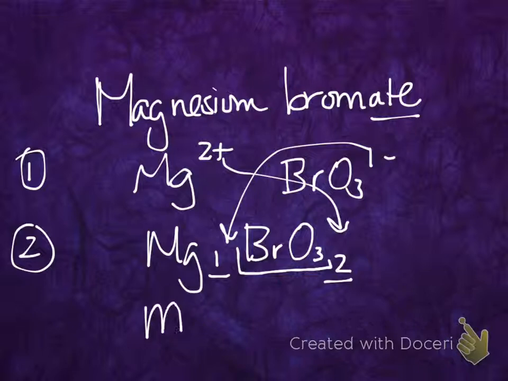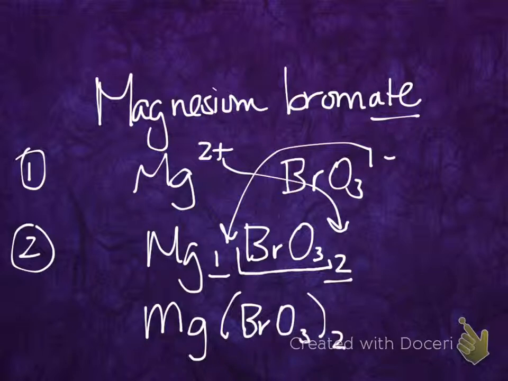So this is Mg(BrO3) 2 times. Okay? So that's magnesium bromate.